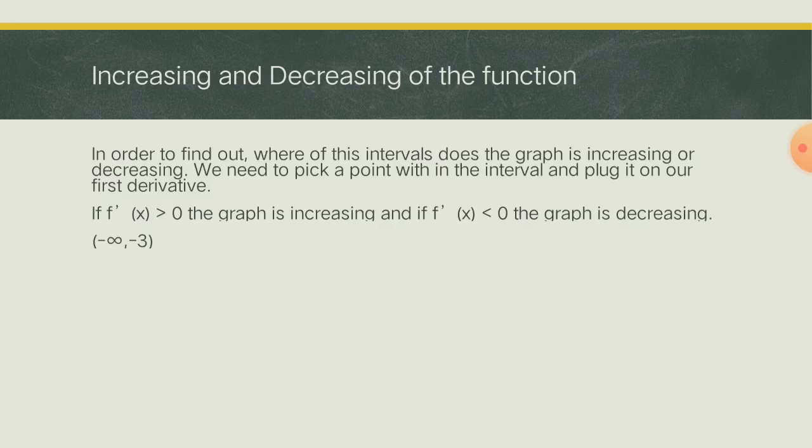So to test negative infinity up to negative 3, if the graph is increasing or decreasing, we are going to pick a point within the interval which is x is equal to negative 4 and plug it into our f prime, or our first derivative. So we have positive 9. That means the graph is increasing on that particular interval.